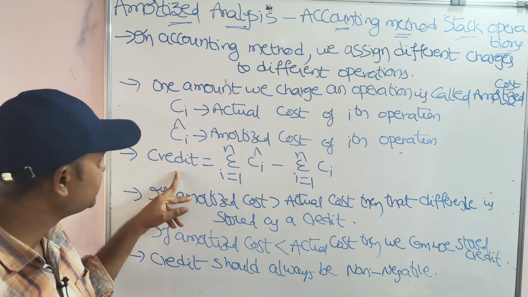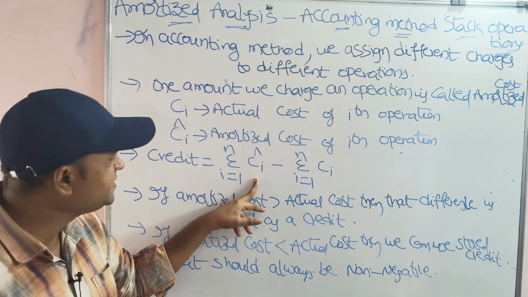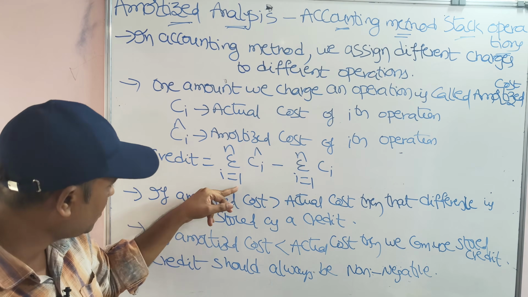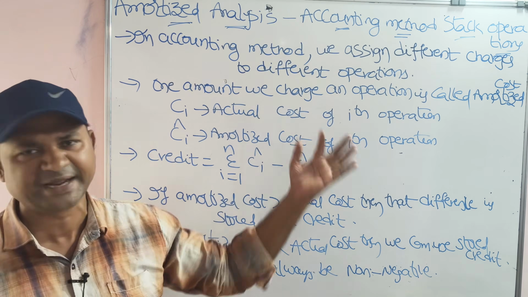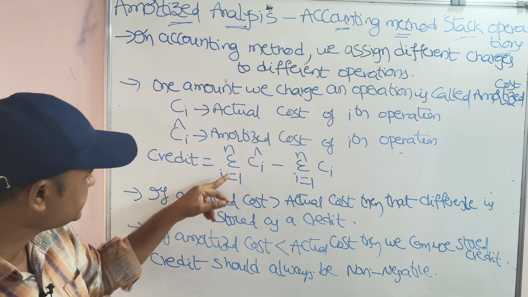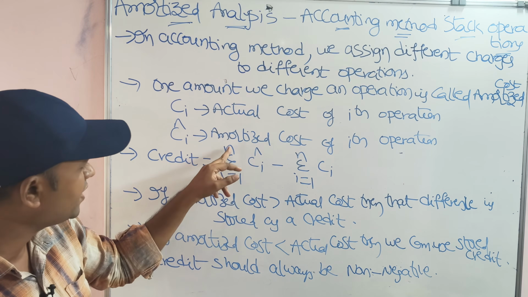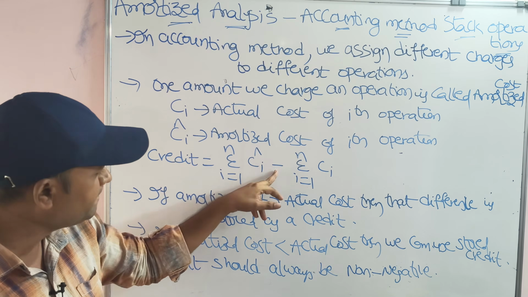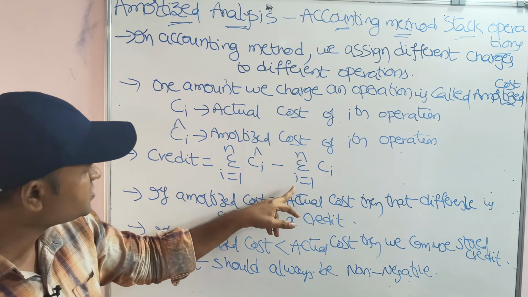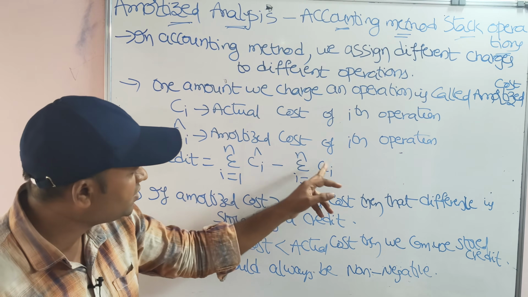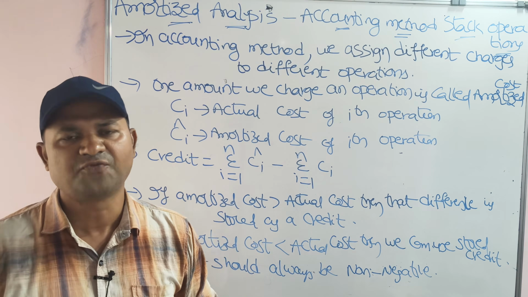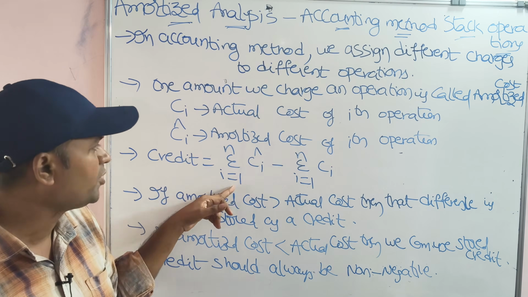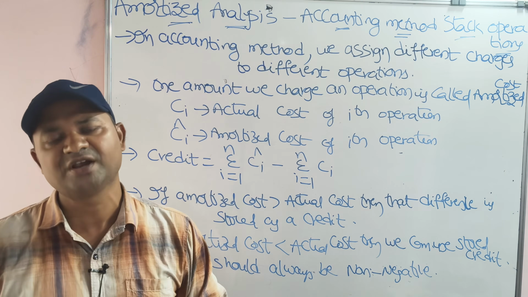Here the formula for the credit is amortized cost minus actual cost, from i equal to 1 to n operations. So we can write sigma i equal to 1 to n of Ci cap, the amortized cost, minus sigma i equal to 1 to n of Ci, the actual cost. So the formula for credit is credit equal to amortized cost minus actual cost.